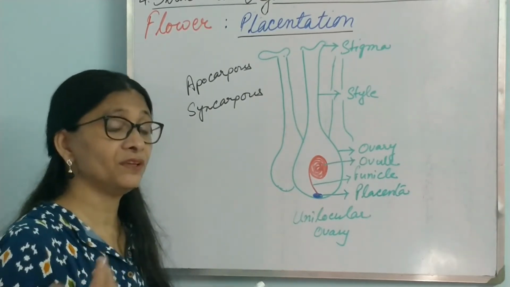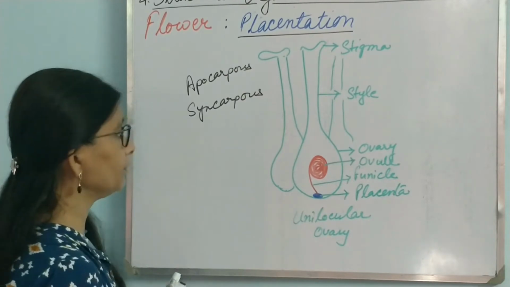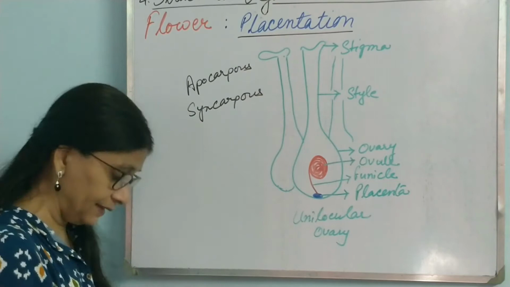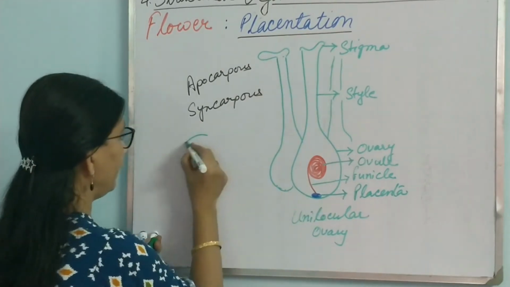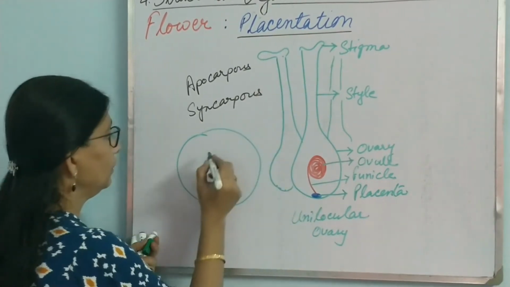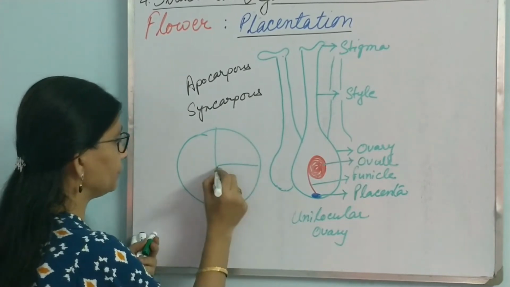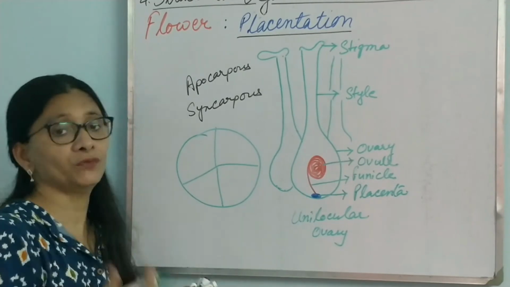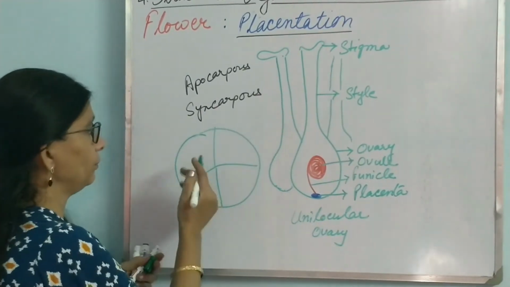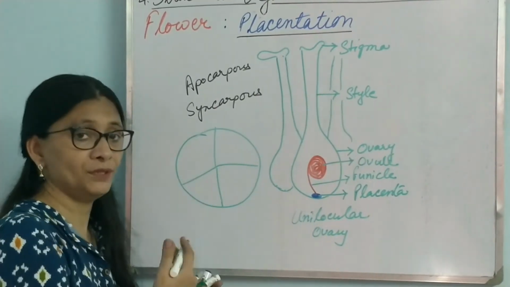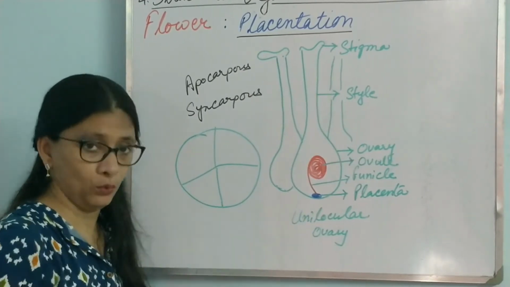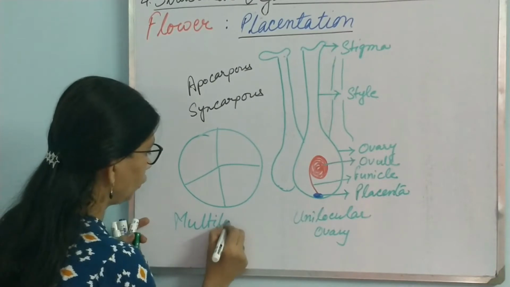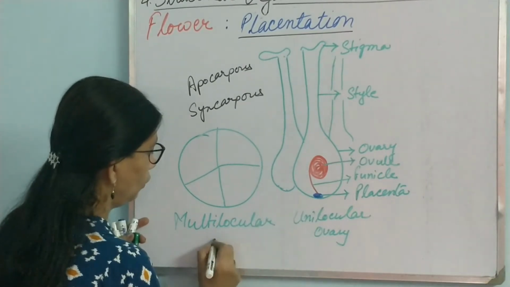So this is an example of syncarpous. In the syncarpous condition, the ovaries also get united, and the ovary will have chambers, either 3 or 4, depending upon the number of carpels. Suppose here there are 4 chambers. It signifies that 4 carpels were there which have united to form one ovary. So this is a multilocular ovary.